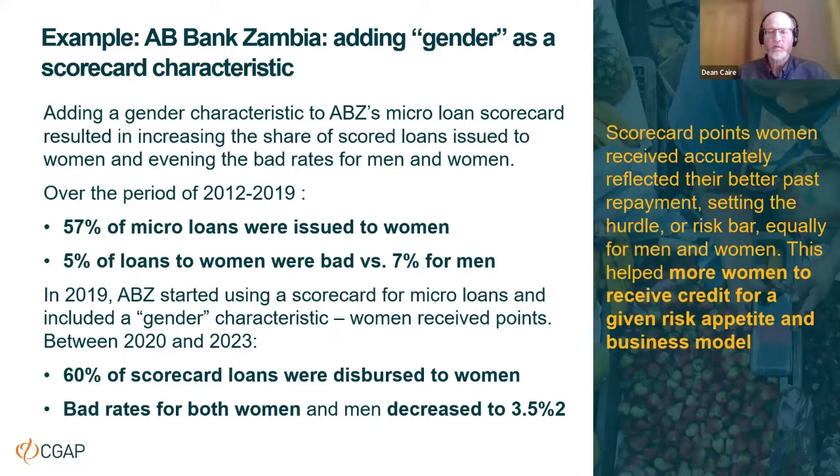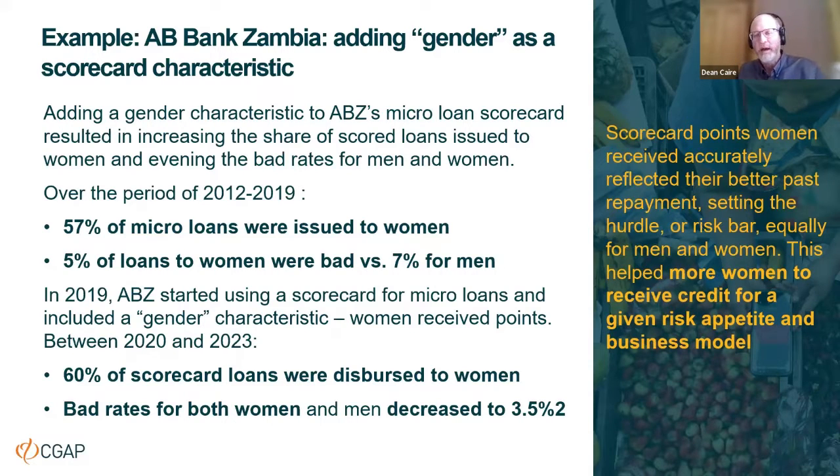Once they put that scorecard into production in 2019, they started a process for scored loans, which was not all their loans, but a subset of the portfolio, the ones that went through a mostly fully automated scoring process. As a result of including that characteristic, it did increase the share of lending that went to women by 3%. So 3% more loans went to women than they had in the past for that portfolio.